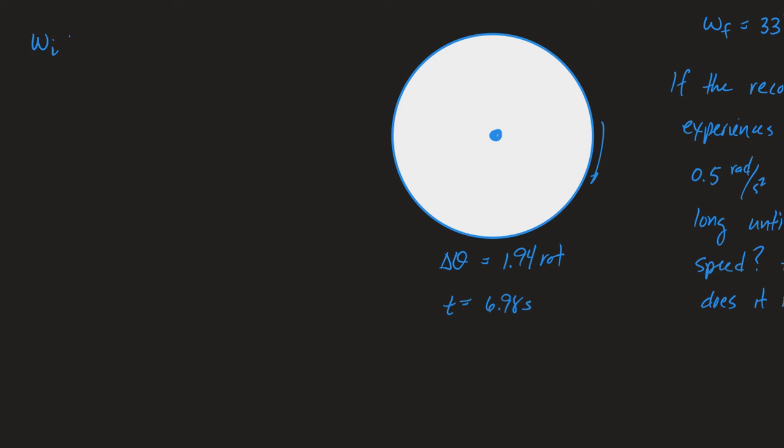The initial velocity is 0. Final velocity is going to be 100 thirds. That's 33 1/3, but that's rotations per minute. So if you want to convert that to radians per second, the first conversion will be 2 pi radians for every 1 rotation.